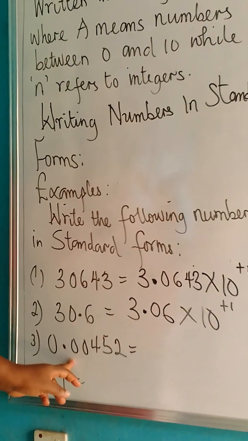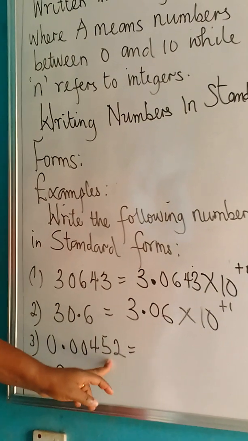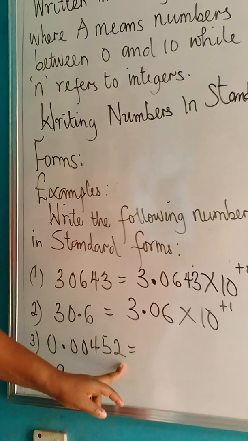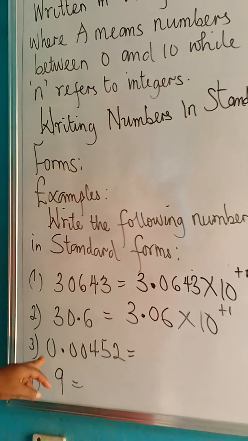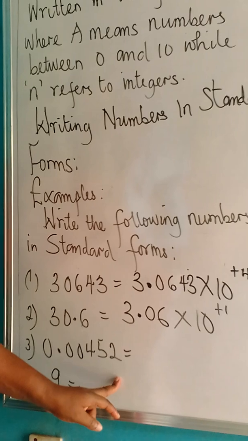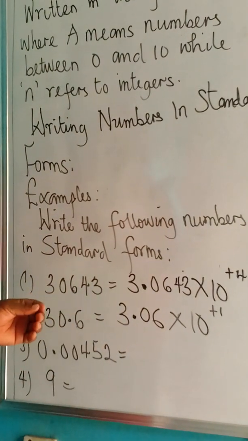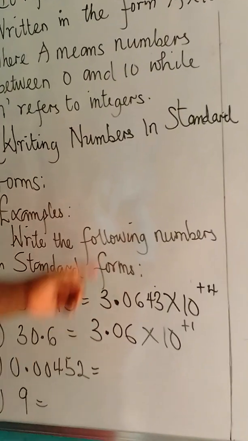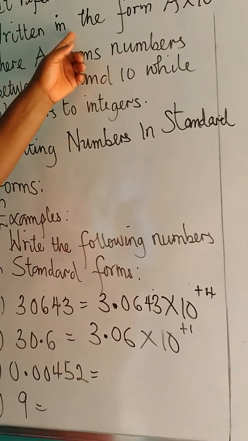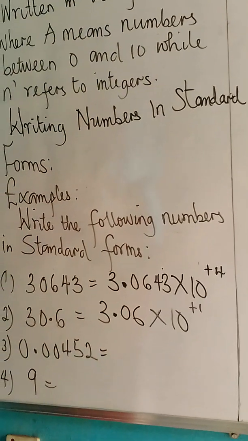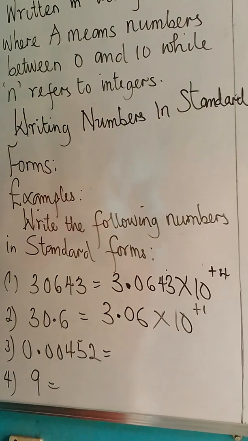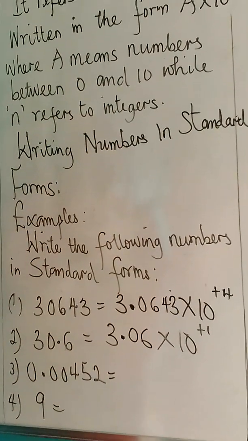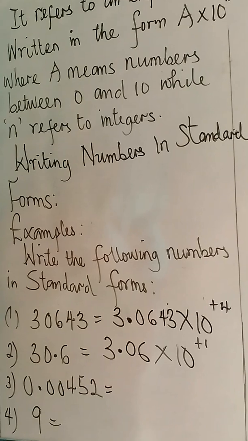Now let's go to example 3. Example 3, we have 0.00452. Now, looking at this set of numbers, the first number we can have here, according to the definition, that says you must consider your A as numbers between 0 and 10.